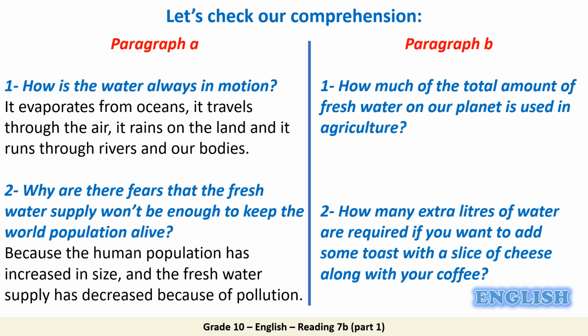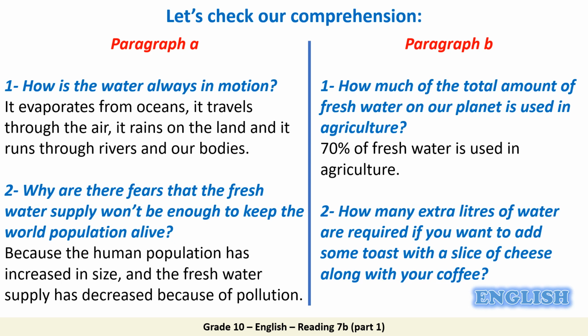Question 1. How much of the total amount of fresh water on our planet is used in agriculture? Okay, so 70% of fresh water is used in agriculture. So farmers use 70% of fresh water.